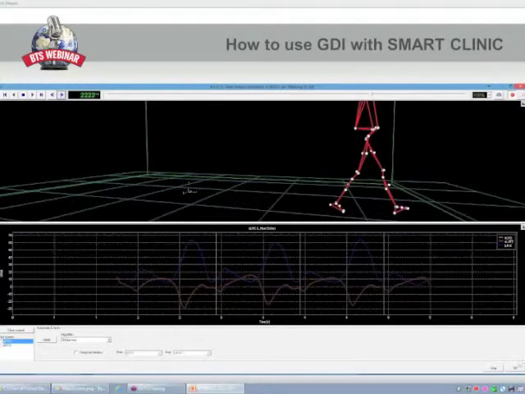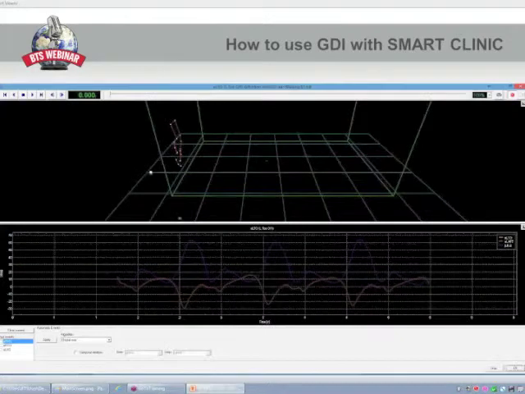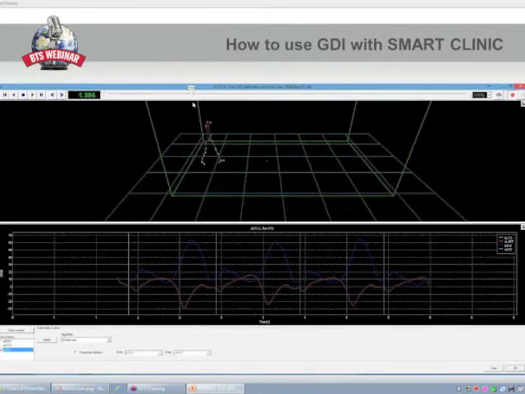The next event that we have to define is the left toe off.